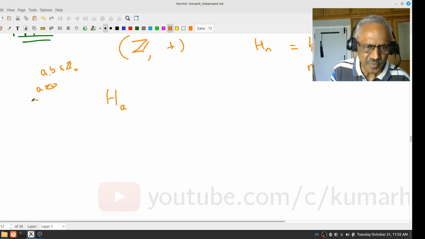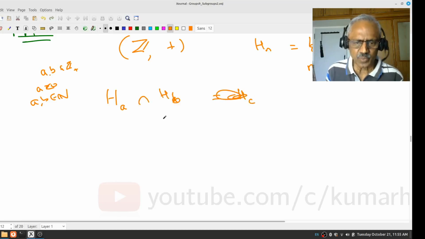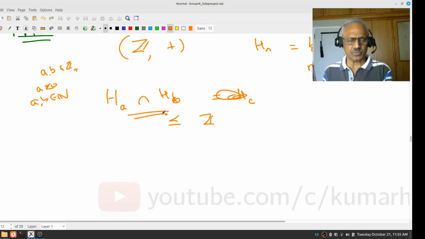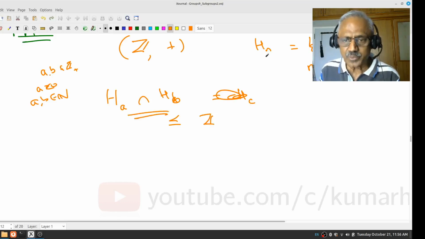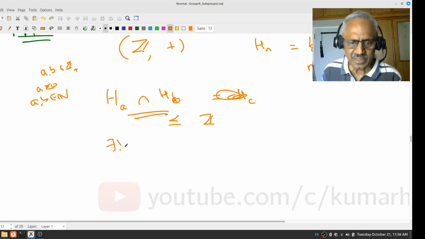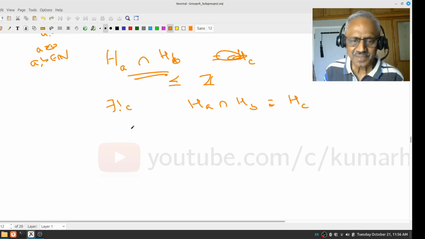Then HA intersection HB is a subgroup of Z plus. Intersection of two subgroups is a subgroup. But I know every subgroup is of the form Hn. Therefore, there is a unique C so that HA intersection HB must be HC. What is this C? Can we identify this C?